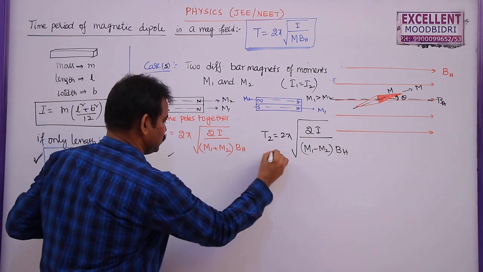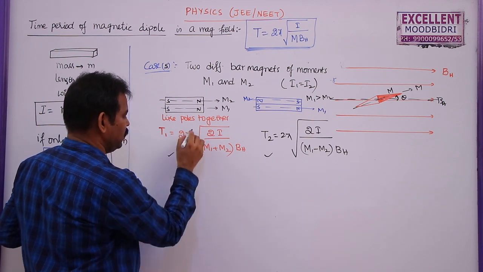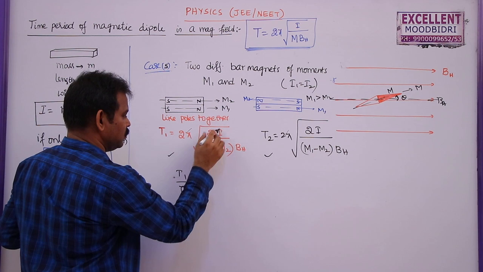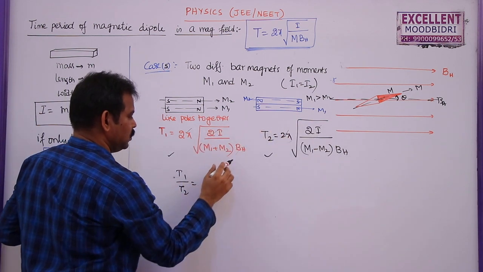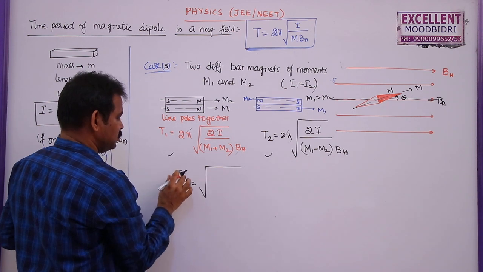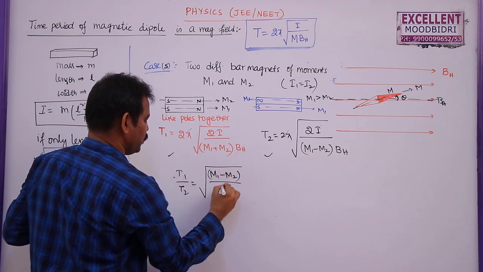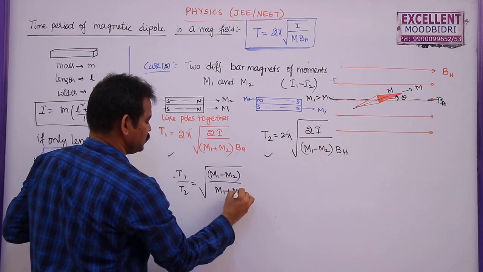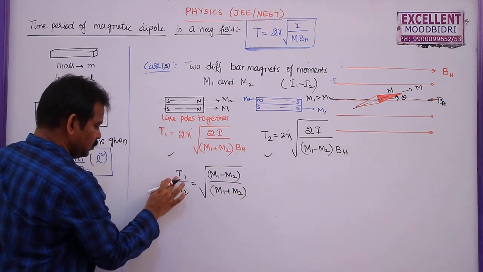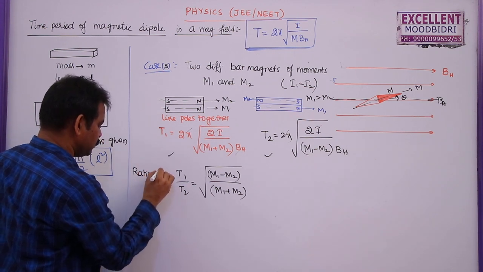T1 by T2: 2 pi gets cancelled, 2I gets cancelled, BH gets cancelled, root over m1 minus m2 by m1 plus m2. Now, this is the ratio of time periods.